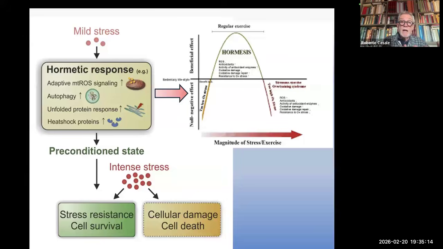Intense stress may create cellular damage, but a moderate, well-calibrated stress is able to increase your ability to cope with stress. It's a sort of training. Oxygen ozone therapy is a sort of training without exercise.